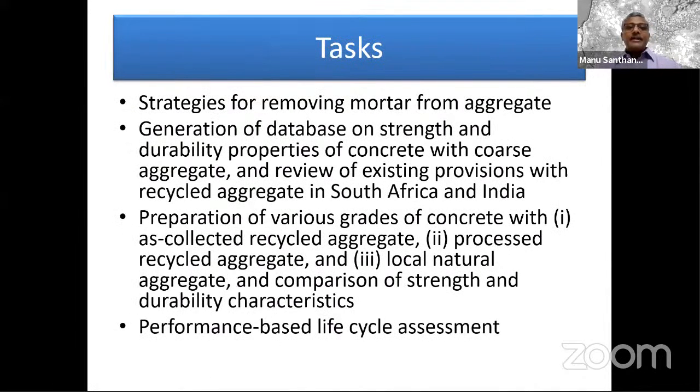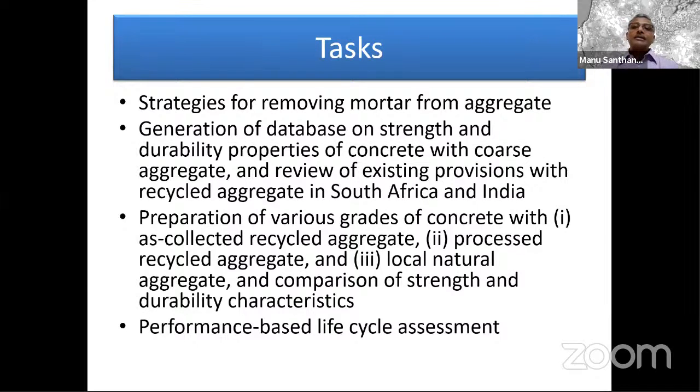The tasks that we have set out within this project include strategies for removing mortar from aggregate, that is to enable obtaining pristine aggregate from recycled or demolished concrete sources. Second is to generate database on strength and durability properties of concrete with coarse aggregate, and review of existing provisions with recycled aggregates in both the countries, that is India and South Africa.